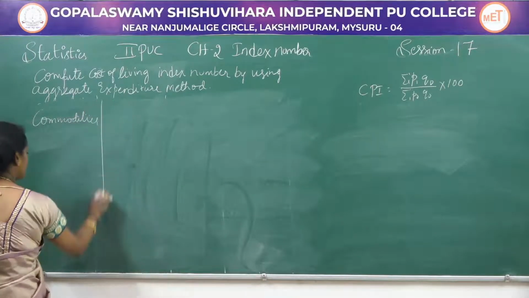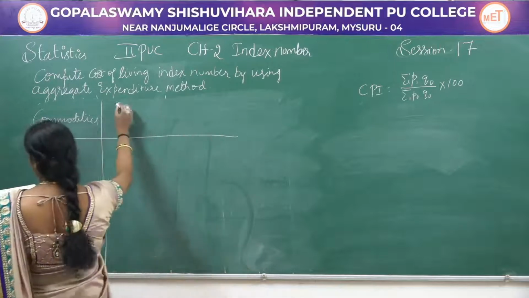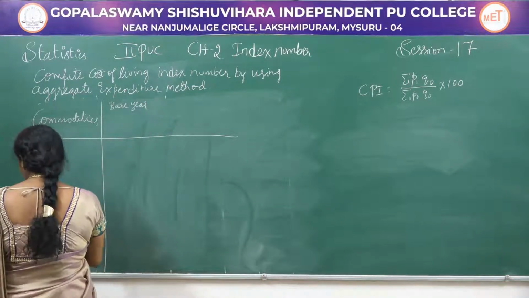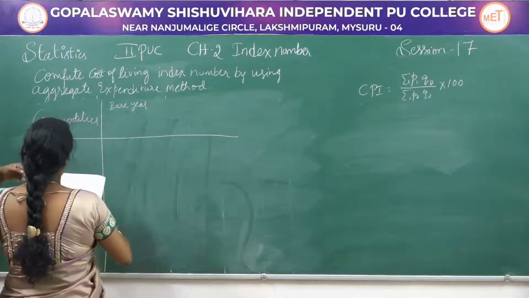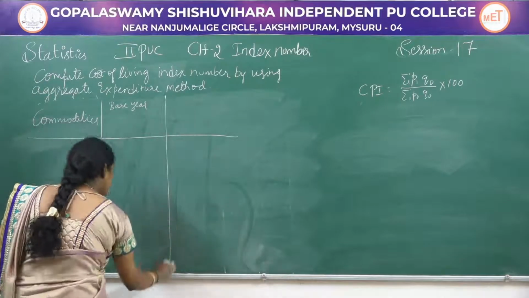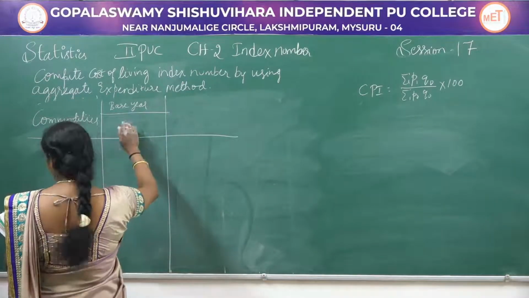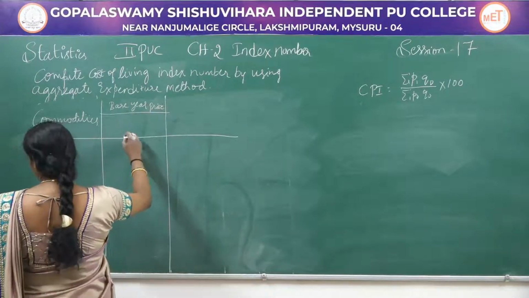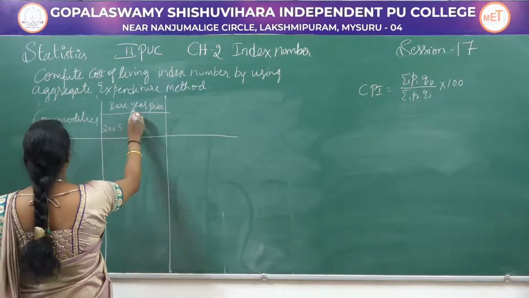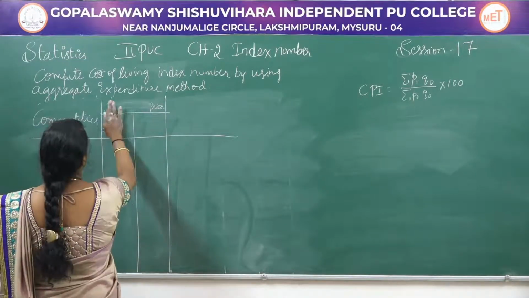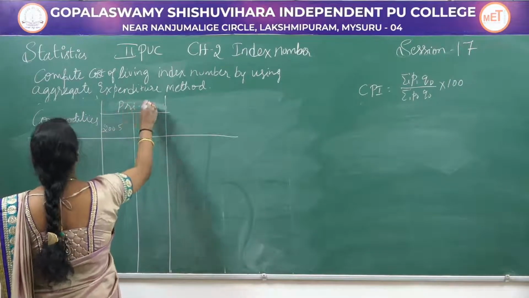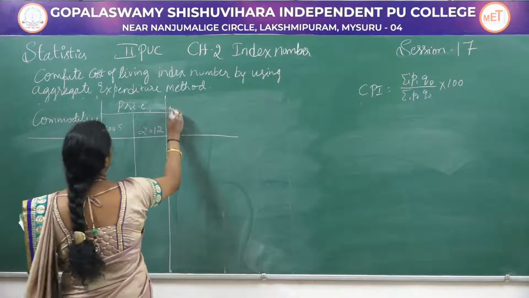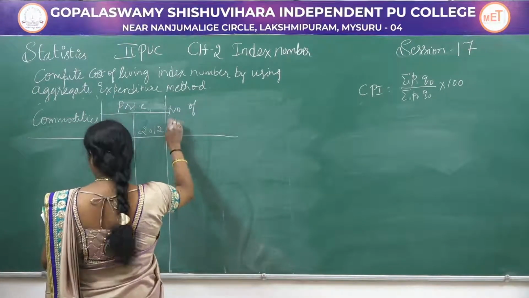Columns: commodities, base year price for 2005, current year price for 2012, and number of units.